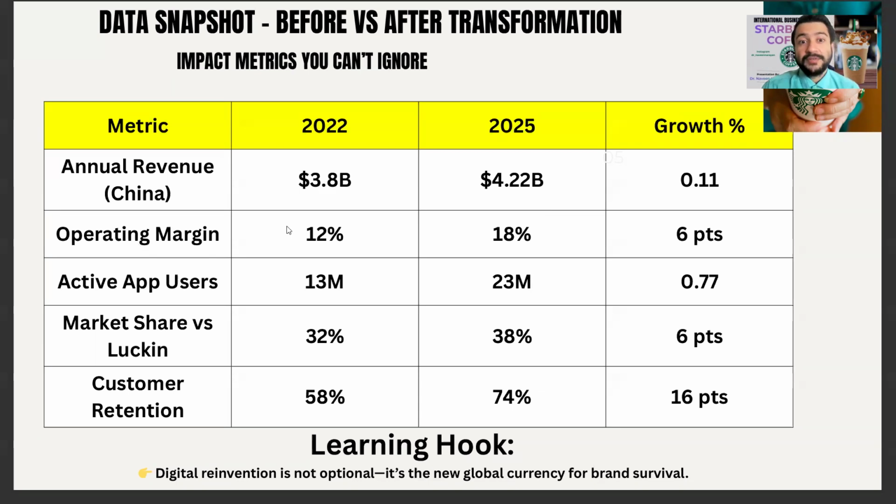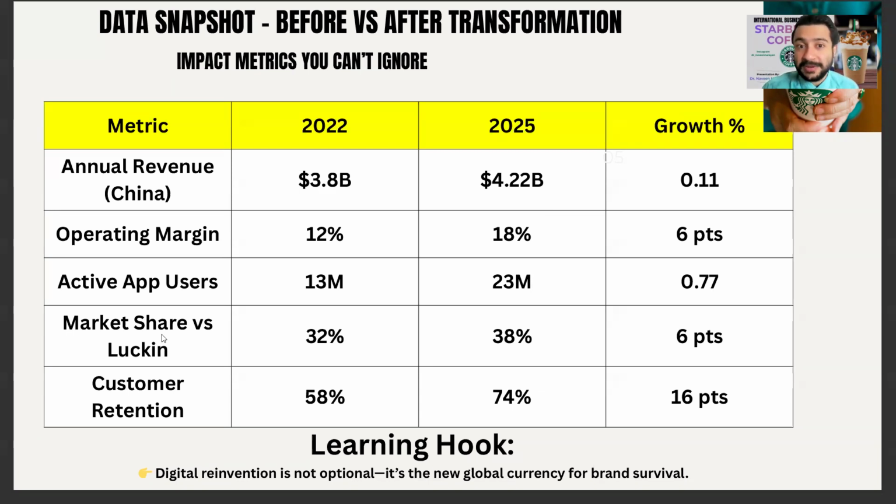Operating margin went from 12 percent to 18 percent, a 6 point hike. Active app users went from 13 million to 23 million, that is a 77 percent hike.